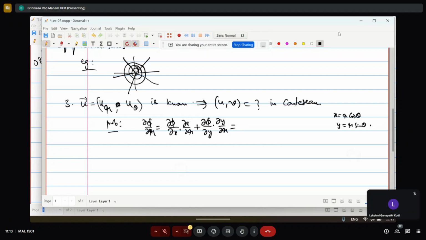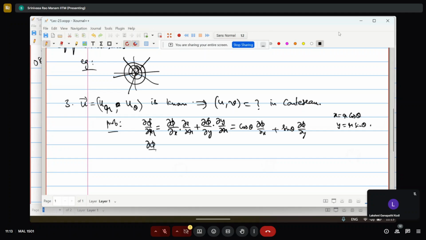So dx by dr will give cos theta, cos theta dou phi by dou x, plus dou phi by dou y and dy by dr is sin theta, sin theta dou phi by dou y. That is dou phi by dou r.